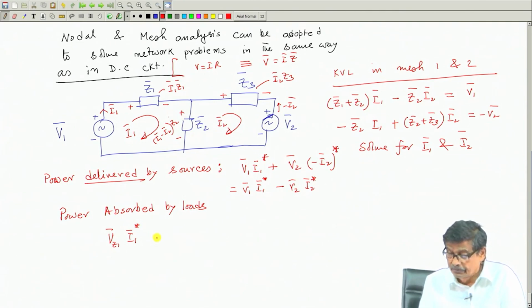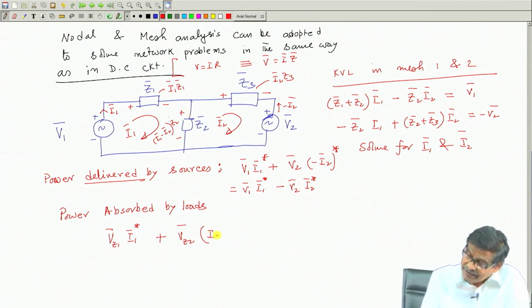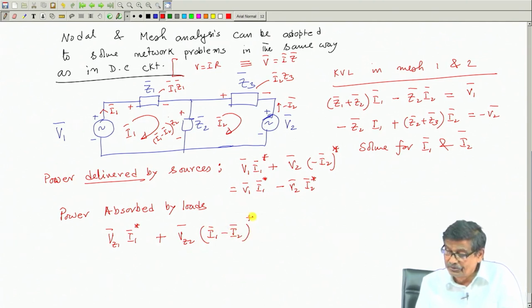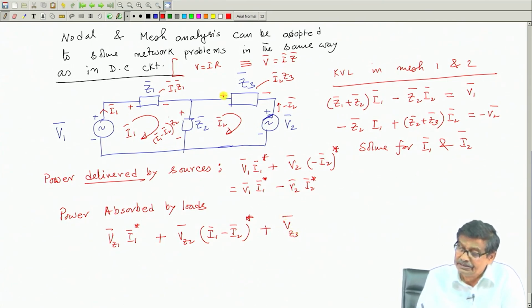For Z2, suppose, and I am adding them now, voltage across Z2 with this plus, this minus. This one I am writing as power absorbed. So, I will say it is I1 minus I2 conjugate of this, and power absorbed by Z3 is V Z3, voltage across Z3 with this plus, this minus, into I2 star.